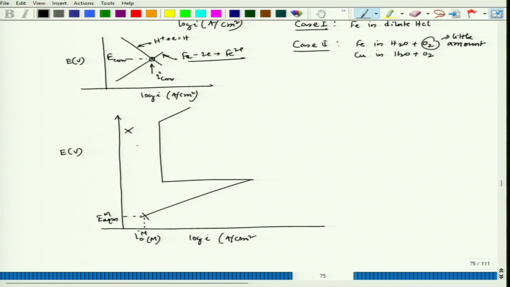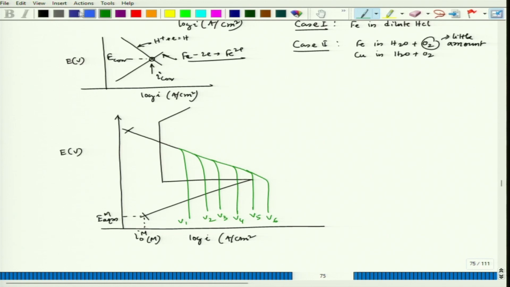So, this particular plot, if we consider velocity of that particular fluid, we see the interaction between the active passive metal with the cathodic polarization line, consisting of activation part and concentration part.